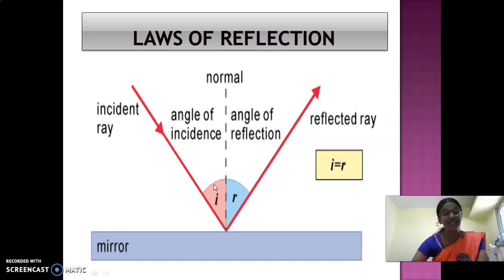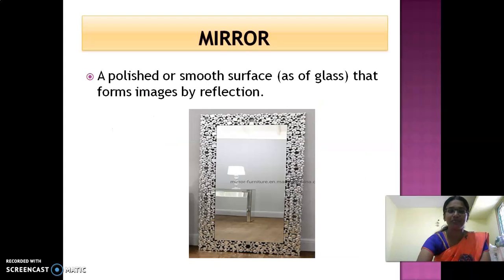I is called as angle of incidence, and we are going to draw a line which is perpendicular to the smooth surface. So what is the law of reflection? The angle of incidence I is equal to angle of reflection R. And what is the second law? The incident ray, reflected ray and the normal line all lie in a same plane.